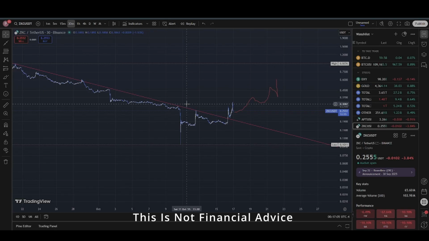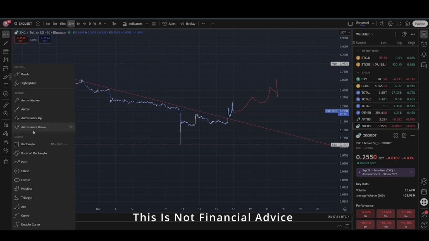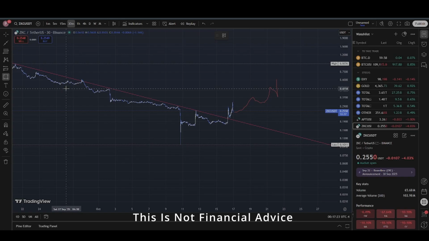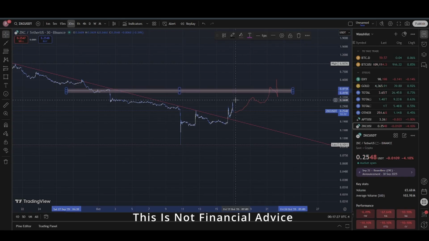But to do that it does need to make a new high from here. If it can break this 33 cent high, we may see it go as high as 46, or even, I would say, 41 is the next target that I'm looking at as of now. This is the target that I think the token will most likely tap into.